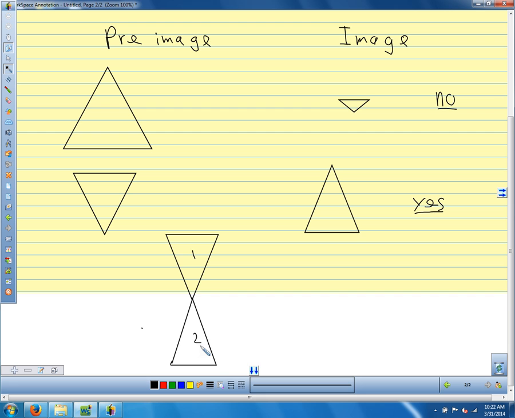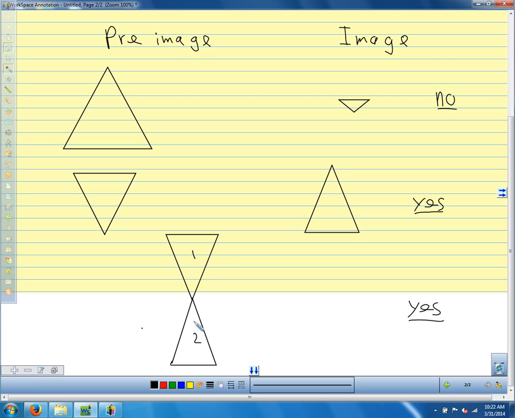A few people shaking their heads. What kind of rigid motion would take number 1 to number 2? A rotation or a reflection. I could put a mirror here, and that would be a reflection. So yes, this does appear to be some kind of rigid motion. It preserves distance, preserves angle measure. They're the same size and the same shape before and after. Most of us have a pretty intuitive idea of what we mean by rigid motion.